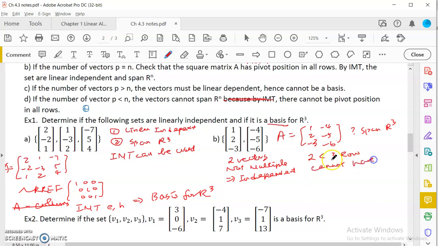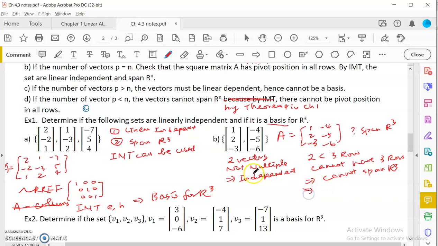So please do not use the IMT here. I should say it cannot span R3 by Theorem 4 in chapter 1. It cannot have a pivot position in all rows, because it only has 2 columns, so the best it can have is 2 pivot positions.